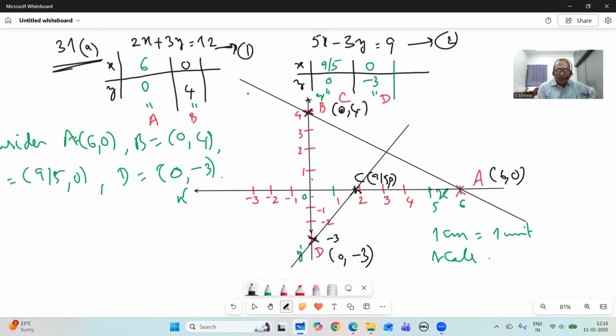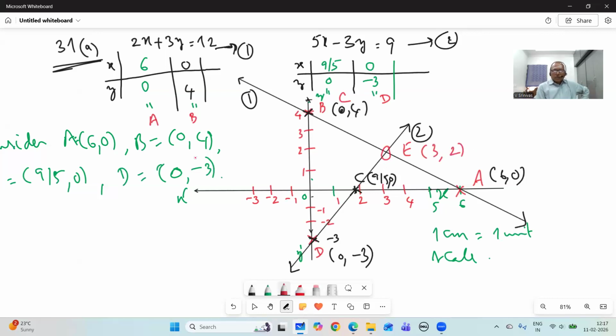So this line represents the first equation, and this straight line represents the second equation, and they are intersecting at this point. What are its coordinates? 3, 2. You locate this point, call it E. Its x coordinate is 3 and y coordinate is 2.